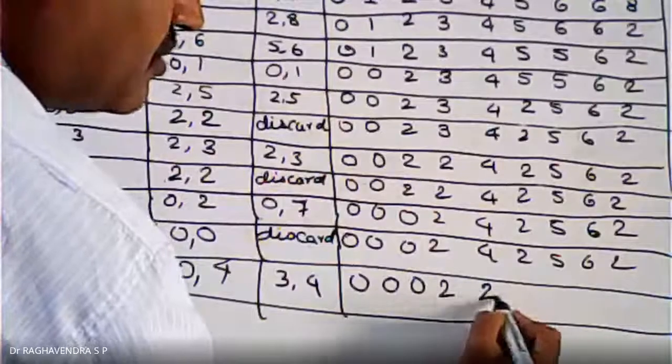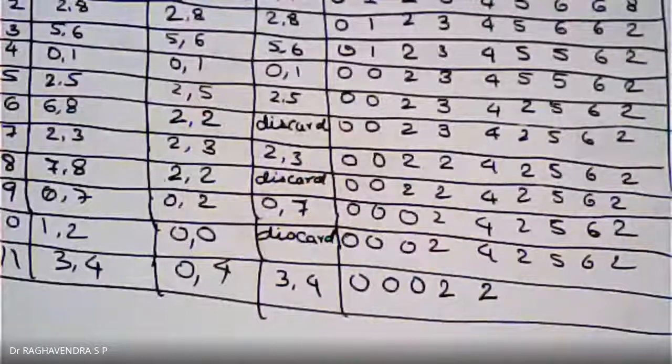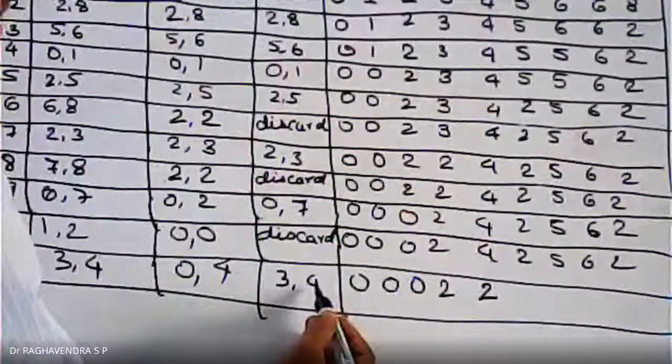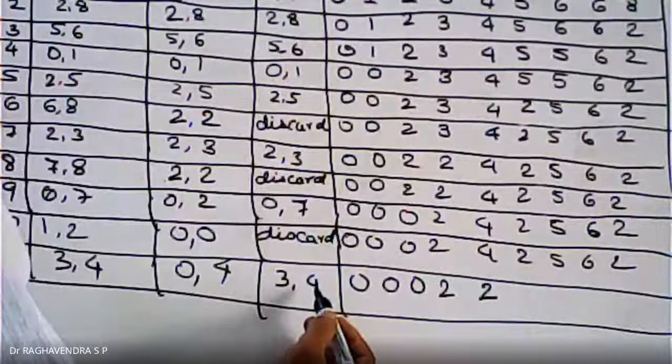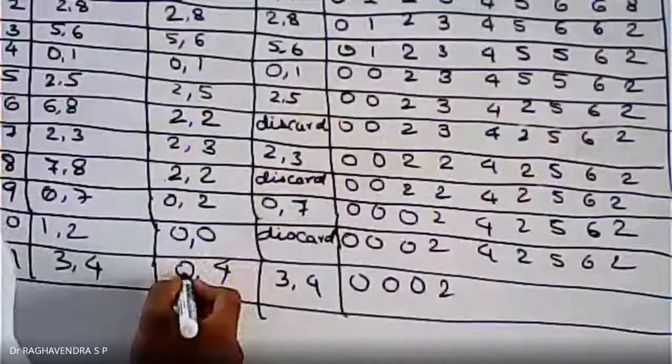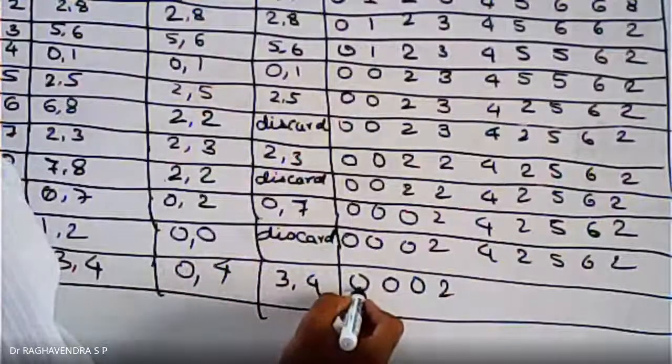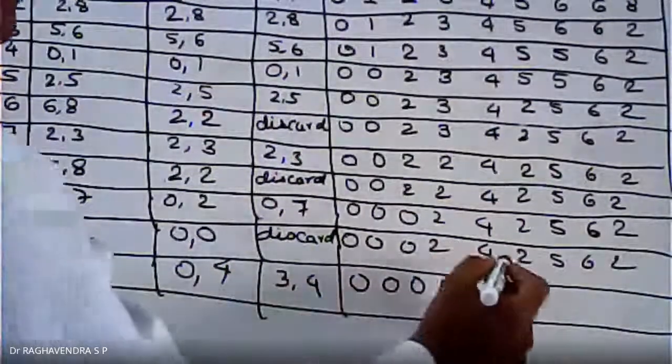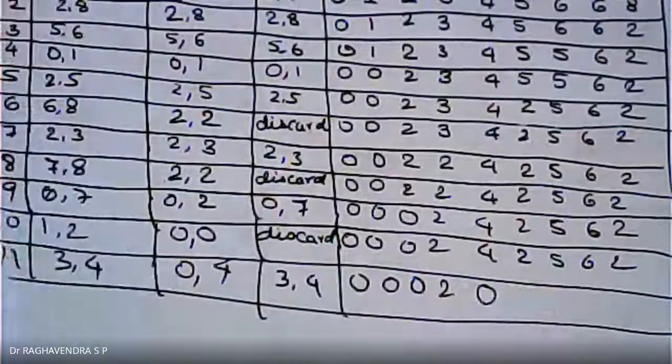This one also becomes 2. Because for 3, 4, the union of 5, j, so 0, 4, what is the value of 0, 0? That has to be placed in 4. That is, this one becomes 0.